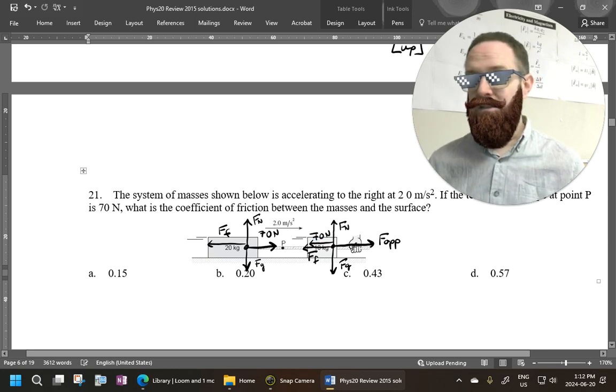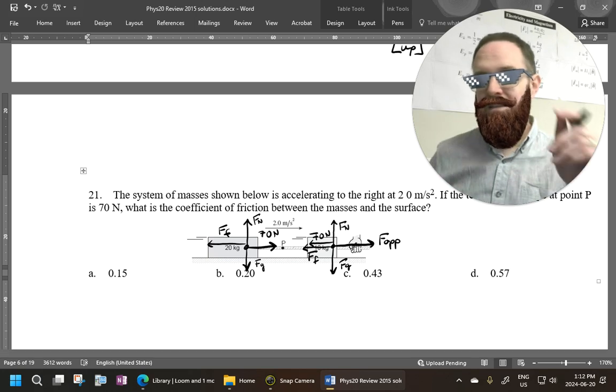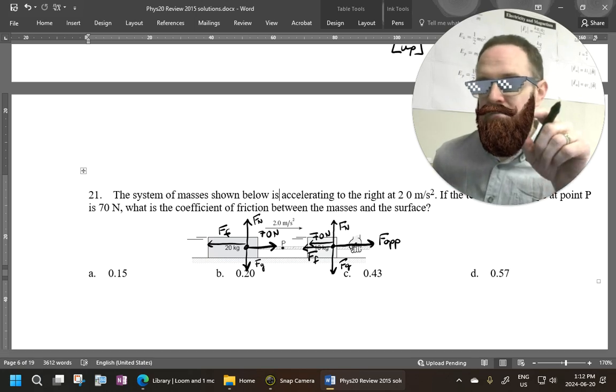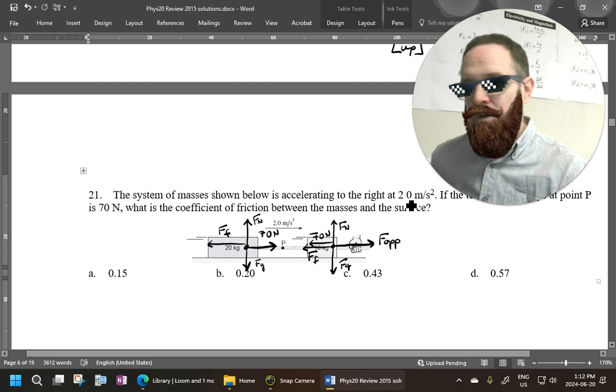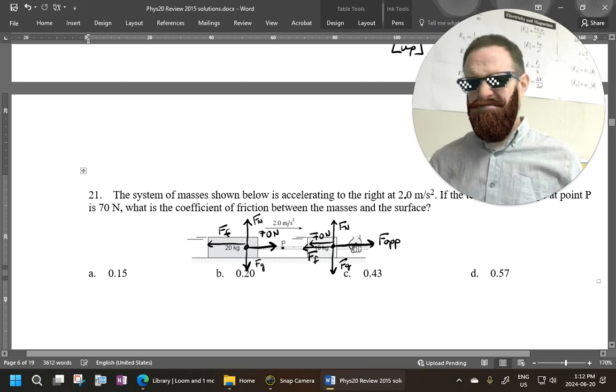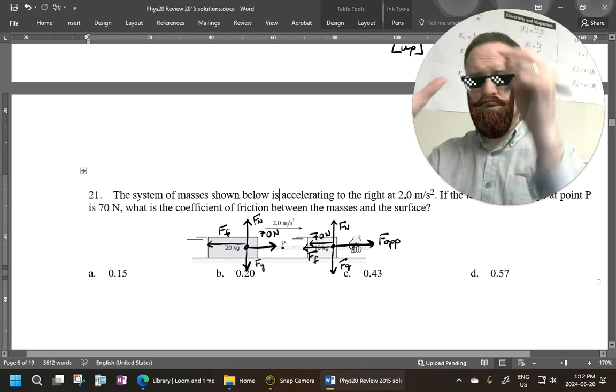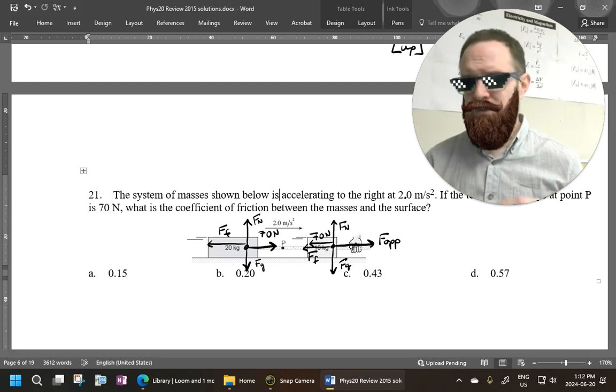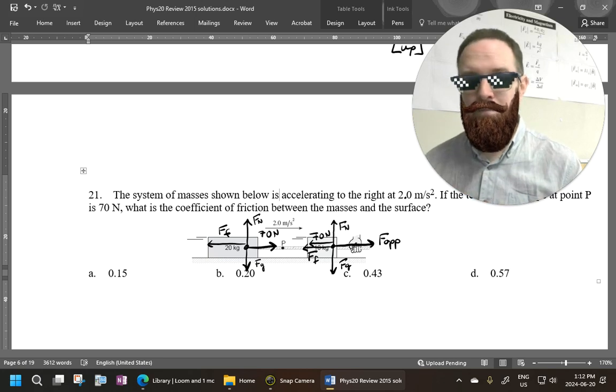So when I'm looking at this, I'm thinking, okay, it says that the two objects are accelerating at 2.0 meters per second squared to the right. But if I look at the whole picture, then I have all these frictions, which is kind of what we want because we're trying to solve for those, and this F applied that I don't know, all right?